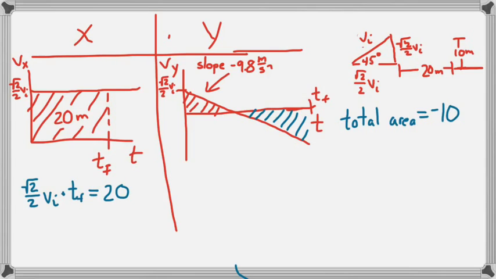Okay? And I could then use that as an expression to find my final time, t sub f, equals, it looks like 20 times root 2 divided by v sub I. Okay? So I could plug that in over here.